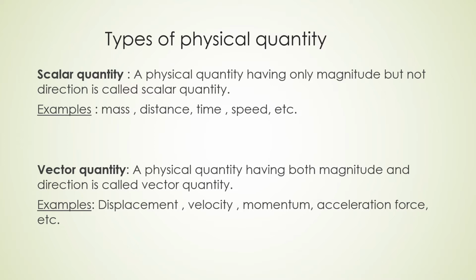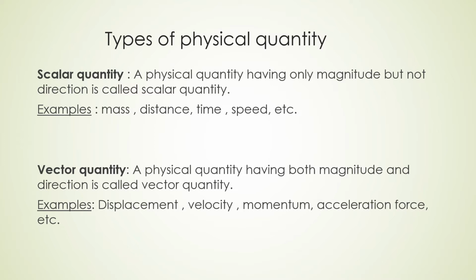Next, moving to the vector quantity. A physical quantity having both magnitude and direction is called vector quantity. For example, we'll take displacement, as we have studied in an earlier chapter. Displacement is the shortest distance between two points.